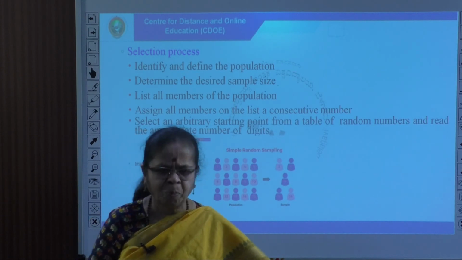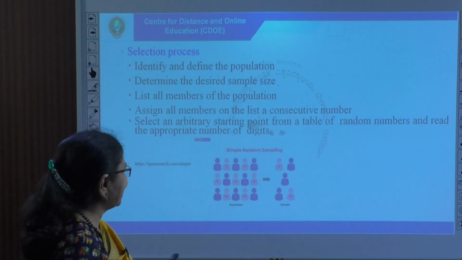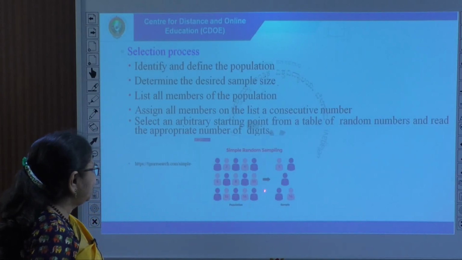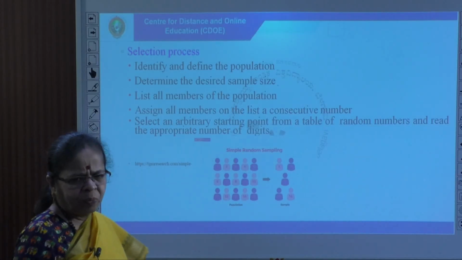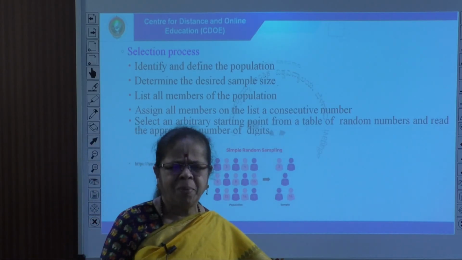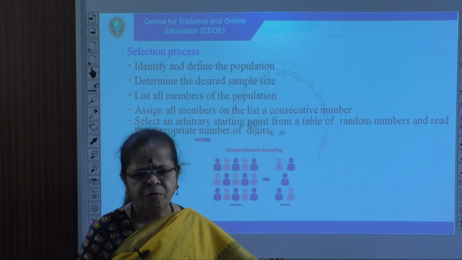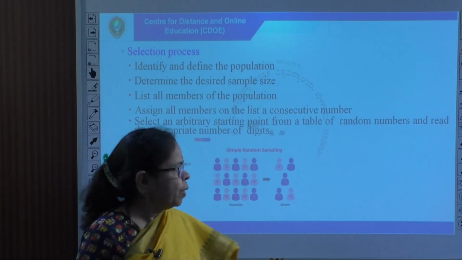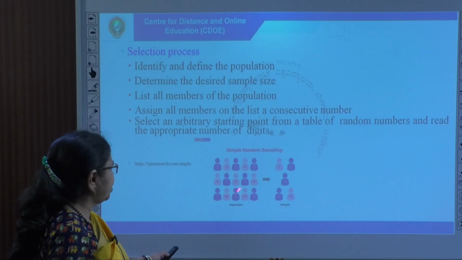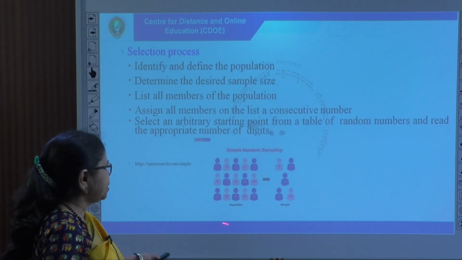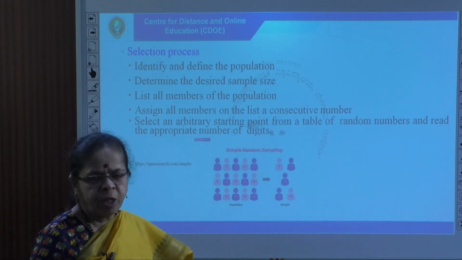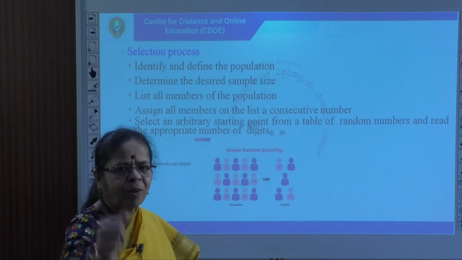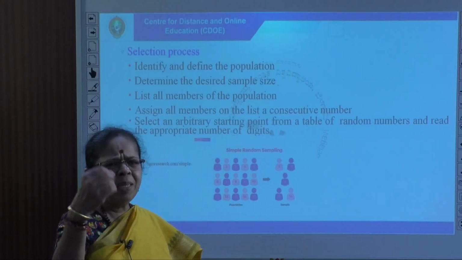You see this image very nicely tells you there are 15 people, this is the population. I have not differentiated male, female, nothing. 15 people are there. I have given numbers to them 1, 2, 3, 4, up to 15. I want 5 people, randomly some 5 numbers.